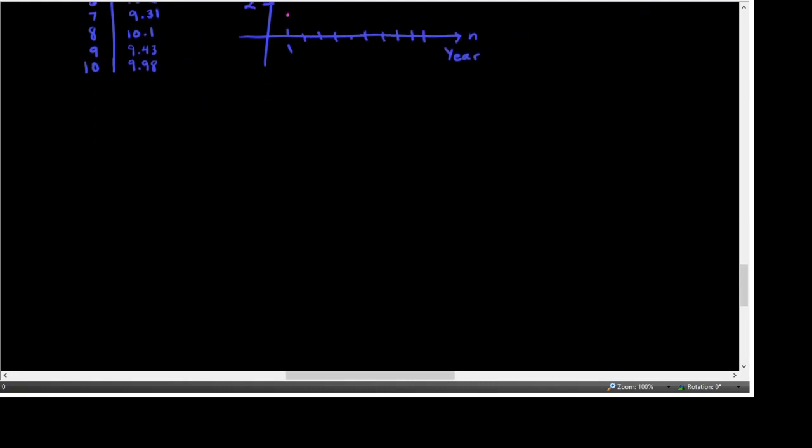All right. So now the next thing I want to talk about is if we were to add the terms of a sequence. Let's say we have a sub 1 plus a sub 2. Instead of commas, we're separating these by plus signs. This is what we call a series.